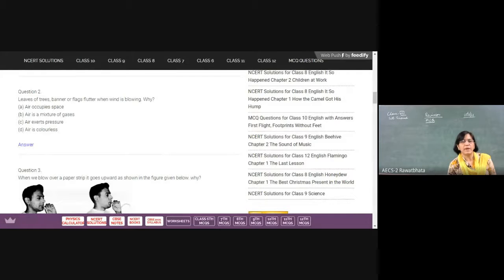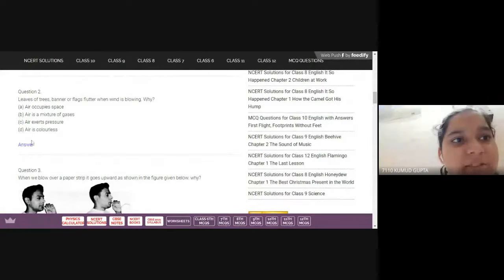Leaves of trees, banners, flags flutter when wind is blowing. Why? I want Tapshil to answer that. Kumud: Ma'am, air exerts pressure.